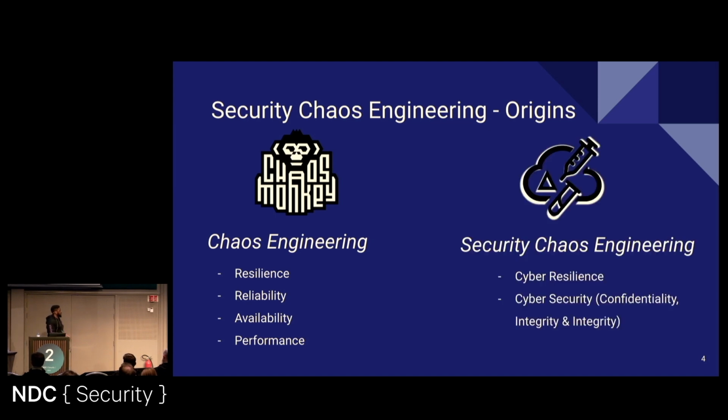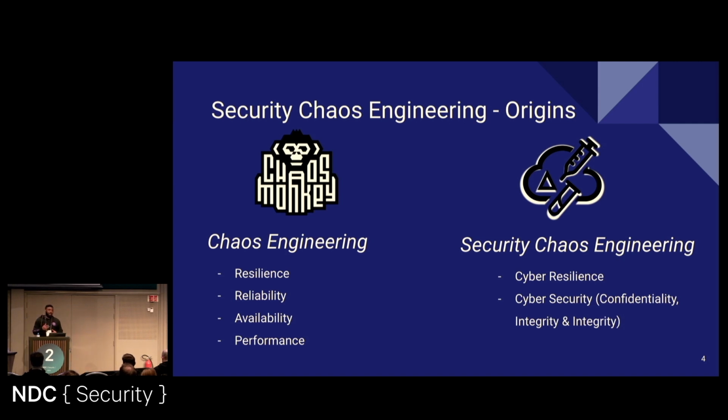So when we come to security chaos engineering, some people started looking at how you can solve the problems we have in cybersecurity using this idea. This was interesting because when you begin to look at security, we have, on the one hand, availability as one of the attributes for non-security and also for security.